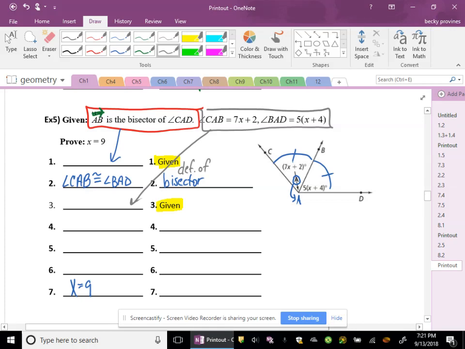So for step number 4, I'm going to give you this hint. It's substitution property. It's at least the 3rd time today we've had this. So look back at step number 2. Can we take out CAB and replace it with a value? And we can. 7x plus 2. Can we take angle BAD and replace it with a value? And sure. 5 parentheses x plus 4.